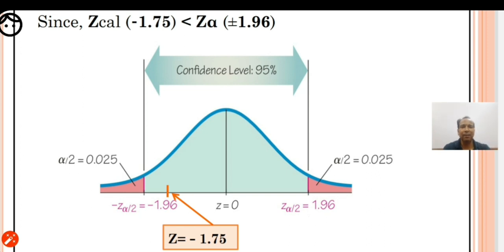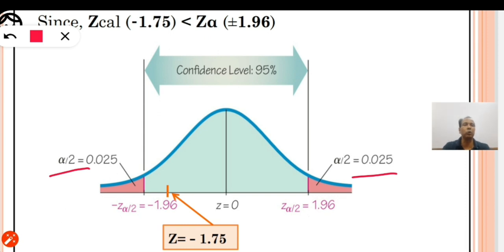This is the distribution diagram in which Z alpha by 2 means 2.5%, 2.5%. As I told you, when it is a two-tailed test, 5% will be divided on both sides, that is 2.5% on the left side and 2.5% on the right side. So that is what is written over here.